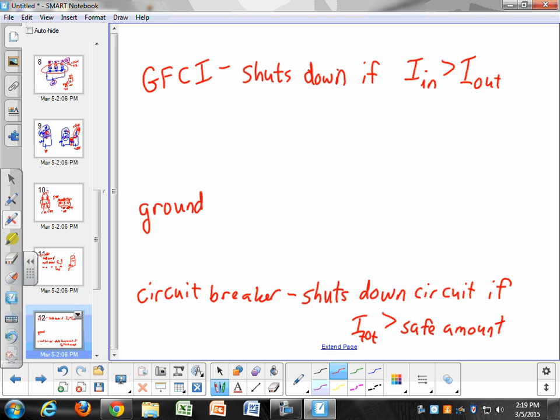So if your circuit is rated for 15 amps, that means it shuts off if that total current, as you add devices, your toaster, your hairdryer, your radio, all that, exceeds whatever that safe amount is. So students often get those confused. Just be careful. Remember, the GFCI is comparing 2 currents, and the circuit breaker is just measuring 1 current, and it shuts off if it exceeds that current. The ground, it just provides a clear path to ground.